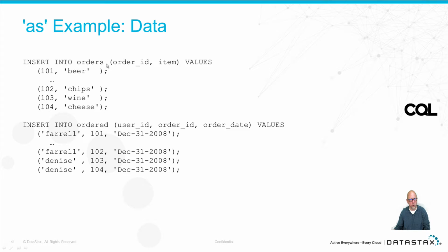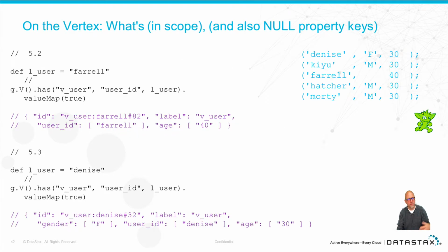So I inserted into orders, 4 orders, order 101, 2, 3, 4. And the orders were just singular, beers and chips, wine and cheese. Farrell placed 2 orders. He placed order 101, he bought beer. Farrell placed order 102, he bought chips. Denise is a little more sophisticated than me. She bought wine and cheese. I don't actually drink beer, but you get the point.